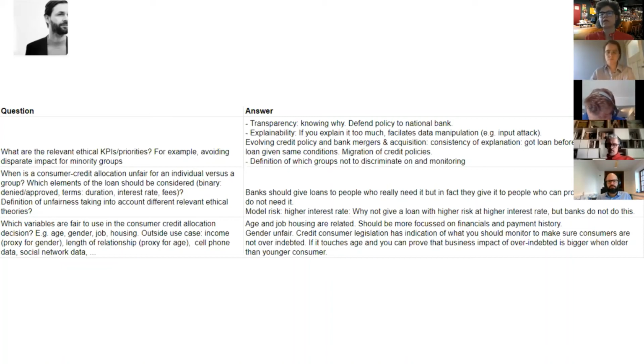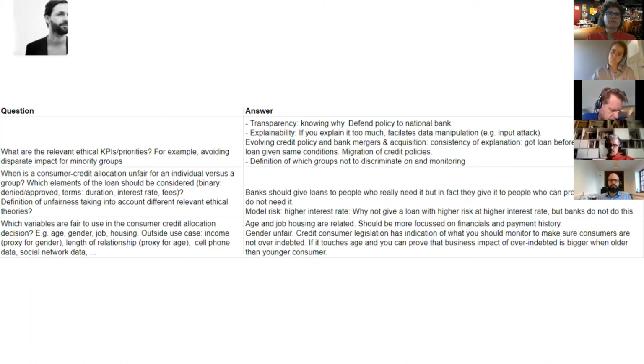Their conditions didn't change at all, but because the new credit scoring policy is more strict, more conservative, all of a sudden the same customer is no longer granted the loan. That's kind of difficult from a human perspective to understand what happened there, because the personal situation didn't change that much. You ask for a similar loan and still you don't get the loan at this moment in time.